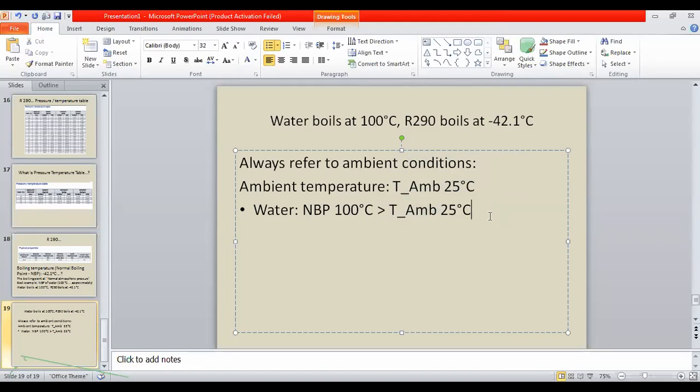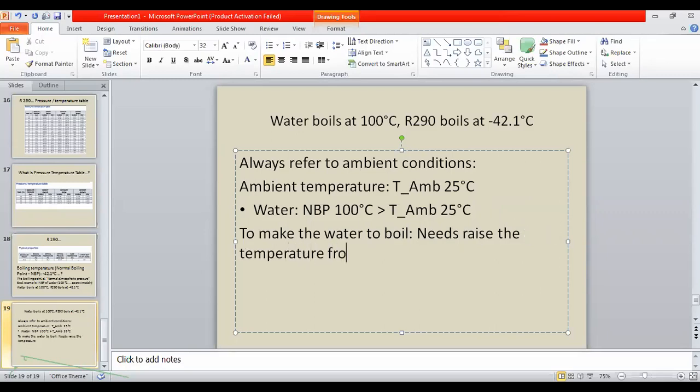So this says that to make the water boil, it needs to raise the temperature to 100 degrees Celsius.